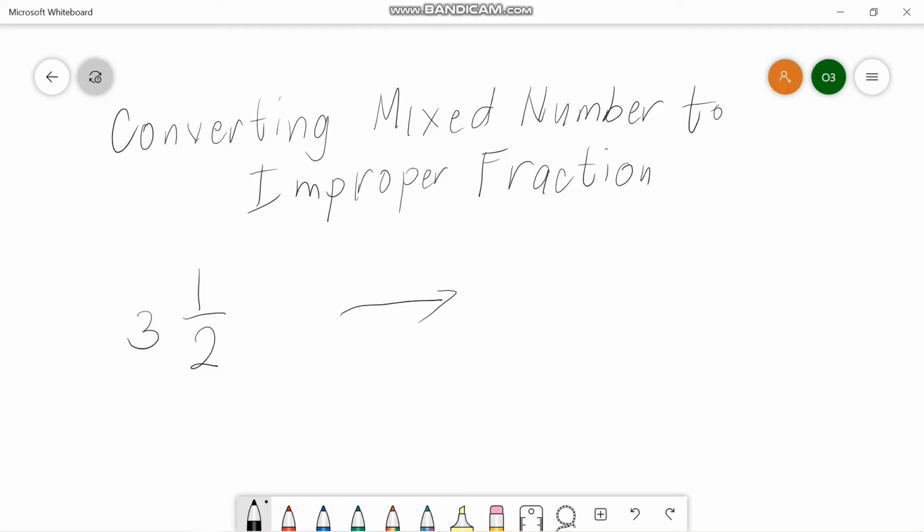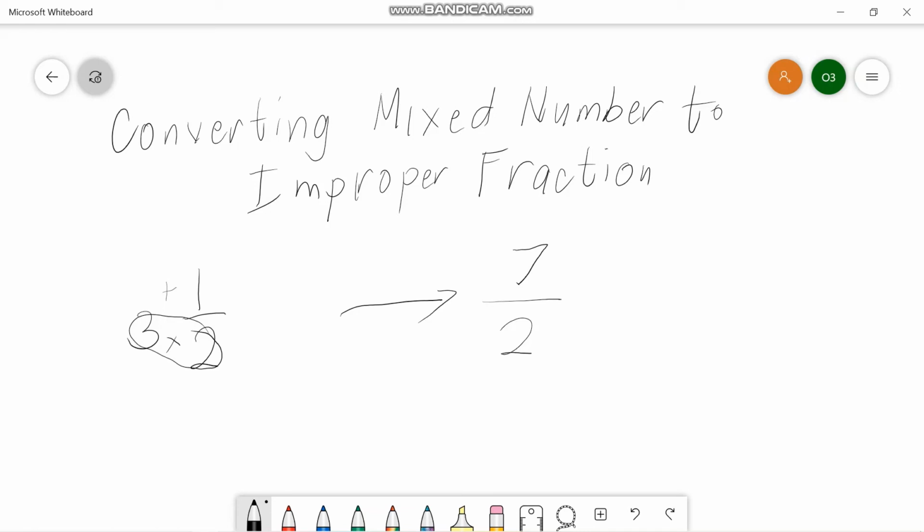First you're going to multiply 3 times 2. 3 times 2 is 6. After you get the product, you're going to add 1. 3 times 2 is 6 plus 1 is 7. And then just copy the denominator. 7/2. So 3 and 1/2 is equal to 7/2.